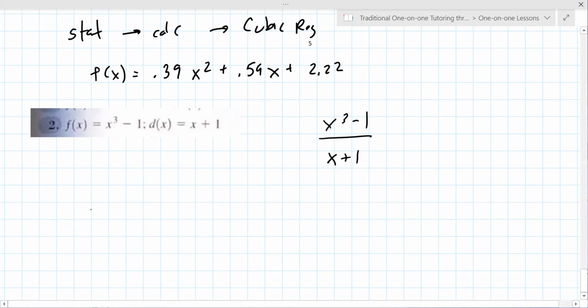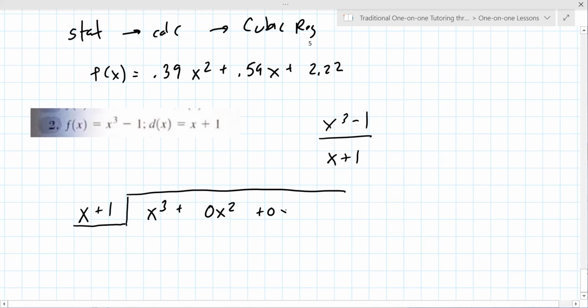No, I don't know. I'm going to assume it's long division because it's the first ones, which is the order it generally comes in. Okay. And so it's x cubed plus 0x squared plus 0x minus 1. And those are needed when you do long division here.